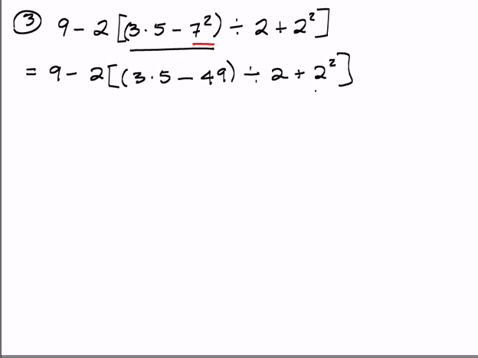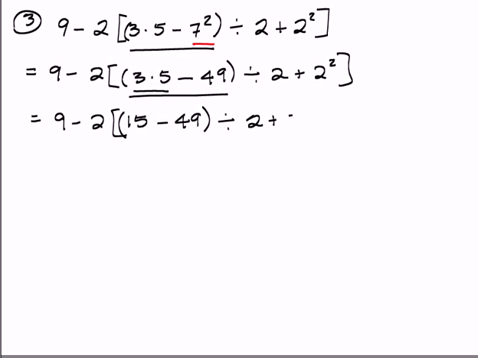We still have parentheses. Let's take care of those parentheses there. 9 minus 2. What are we going to do within those parentheses with multiplication and subtraction? Yep, we do the multiplication first, so we would have 15 minus 49, and I'm going to keep those parentheses. Don't lose your parentheses until they are cosmetic. Okay, next, we still have something inside the parentheses, so we are still working on that piece right there.